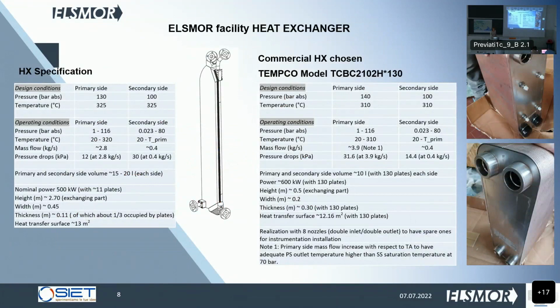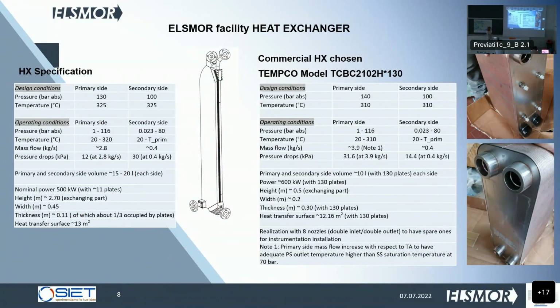In detail, we had some specifications for the plate heat exchanger. The operating conditions were specified, both on the primary and secondary side, and the design conditions.